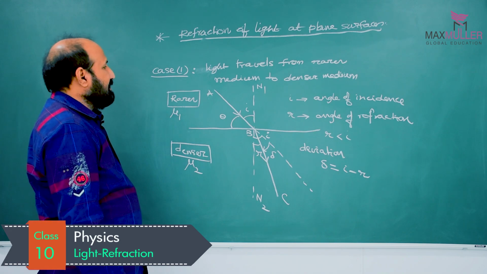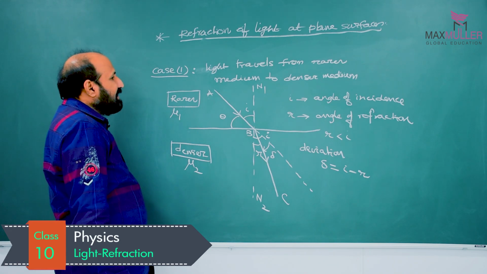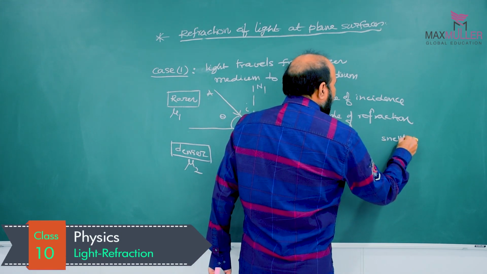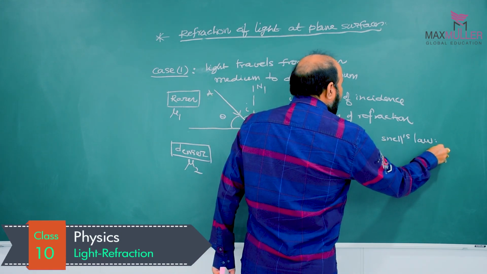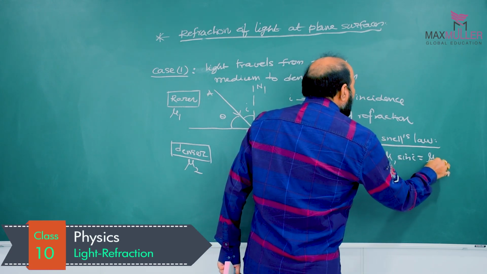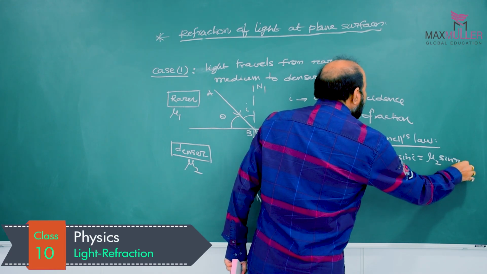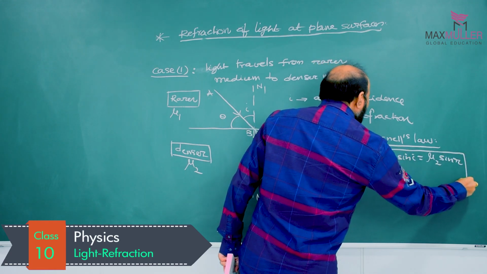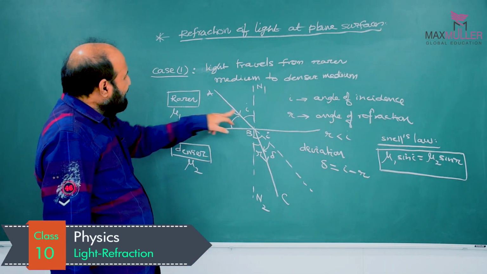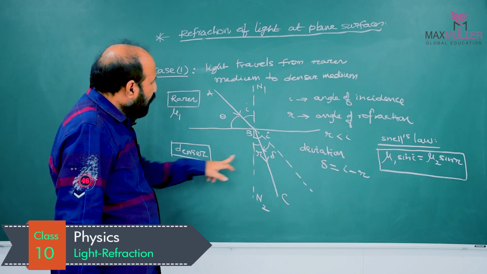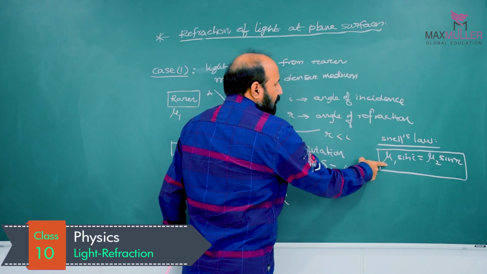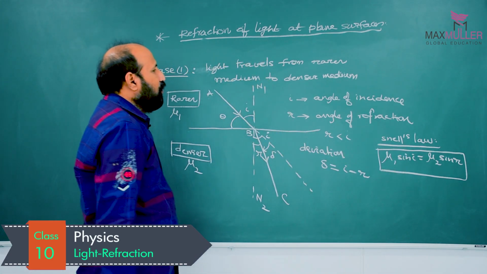And second one is, according to Snell's law, mu1 sin I is equal to mu2 sin R. This law is valid for any number of media. This is very important principle, Snell's law. Mu1 sin I is equal to mu2 sin R.